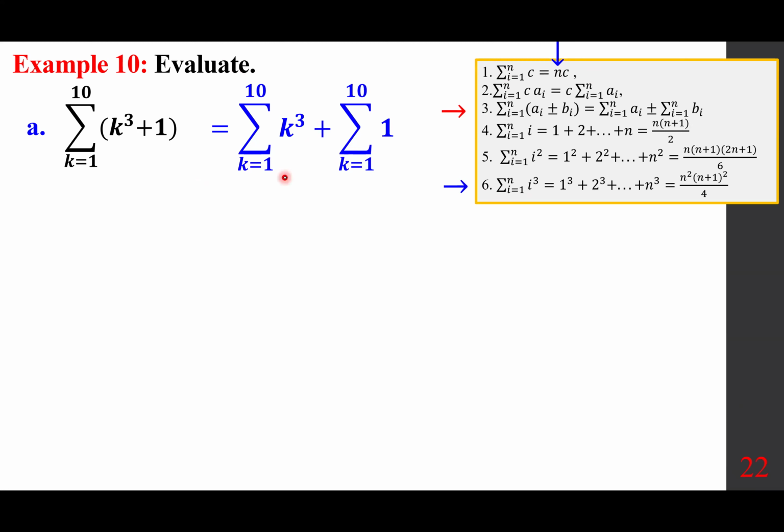So to do this, and by the way, n is 10, everybody. This is n. n is 10. For this question, n is 10. So this one is 10 squared times 10 plus 1 quantity squared divided by 4. And this one is simply 10 times 1.